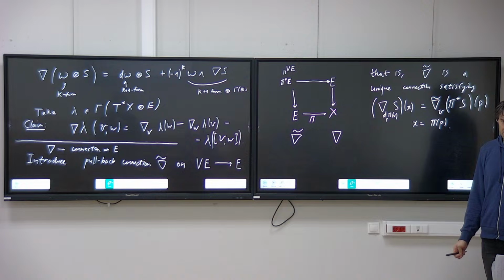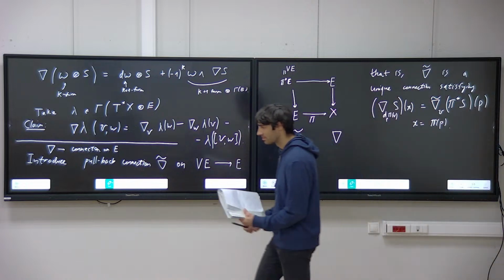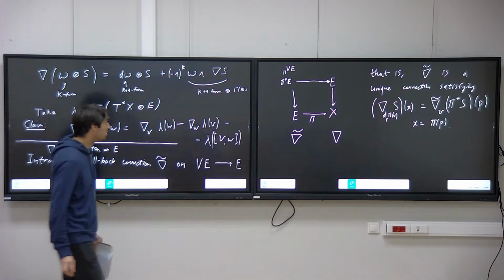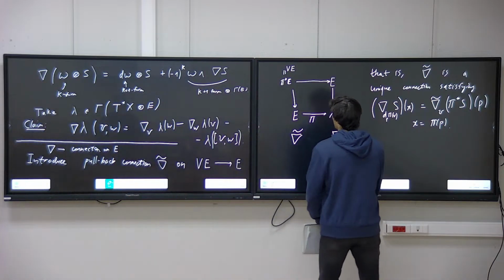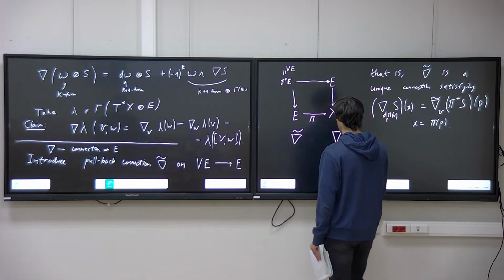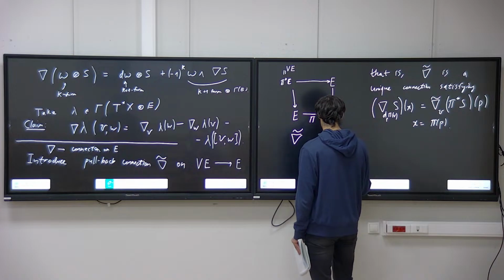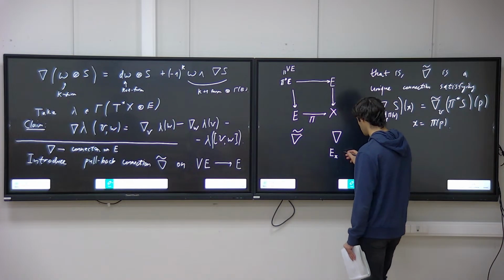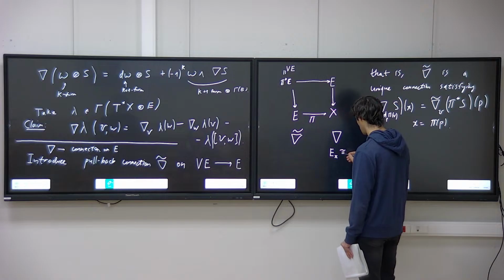How would you see that the pullback of the bundle along the same bundle is the vertical subbundle? Yeah, so let's see. Pullback means that I take EX, but I know that EX is just isomorphic to VXE.